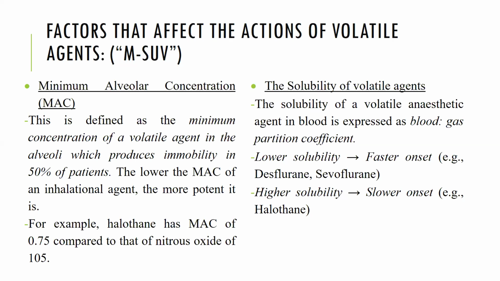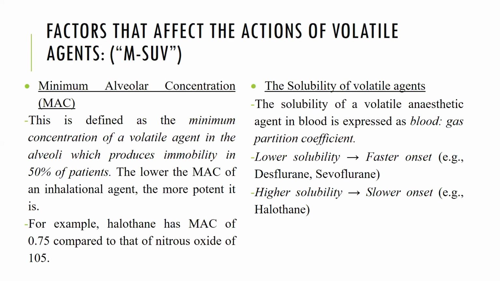So the lower the MAC of an agent, the more potent the agent is. If we look at the MAC of halothane compared with that of nitrous oxide, the MAC of halothane is 0.75, while that of nitrous oxide is about 105. So from here, we can see that halothane is more potent than nitrous oxide.